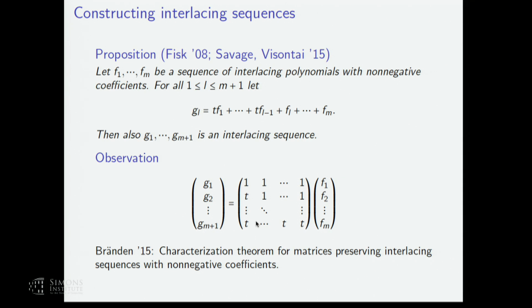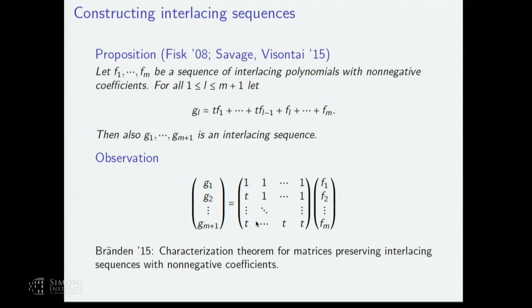One way to get interlacing polynomials is inductively. Imagine you have a sequence of interlacing polynomials, f1 to fm. Here we need to assume that all the coefficients are non-negative, or equivalently that all the roots are negative. Then we can construct a new sequence of interlacing polynomials in this way: g_l is t times f1, and so on, t times f_{l-1}, plus f_l, plus, and so on, to f_m. This recursion was used by Savage and Visontai when they looked at so-called s-Eulerian polynomials, but can also be found in a preliminary draft of a book of Brändén. Using the elementary properties that I've shown you before, and the fact that they have non-negative coefficients, it's actually not hard to see that this is true.